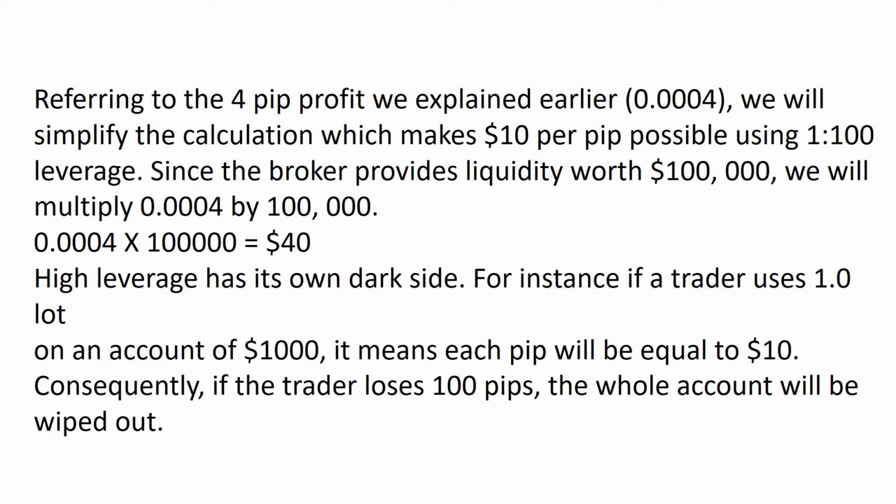Then at the end of the calculation, we're going to get $40. High leverage has its own dark side. For instance, if a trader uses 1.0 lot on an account of 1,000, it means each pip will be equal to $10. Consequently, if the trader loses 100 pips, the whole account will be wiped out.